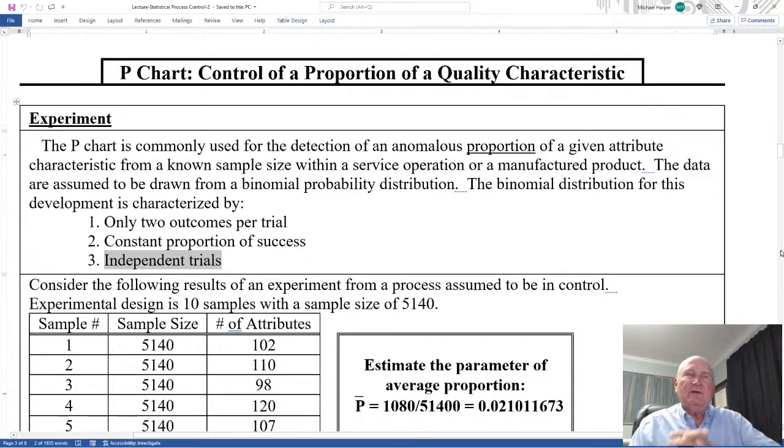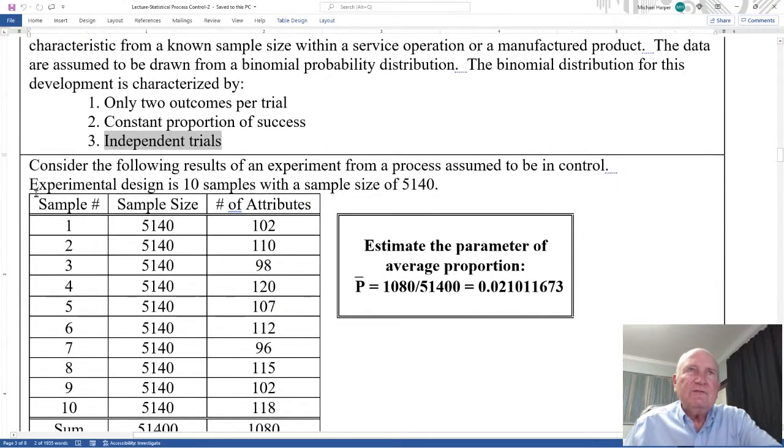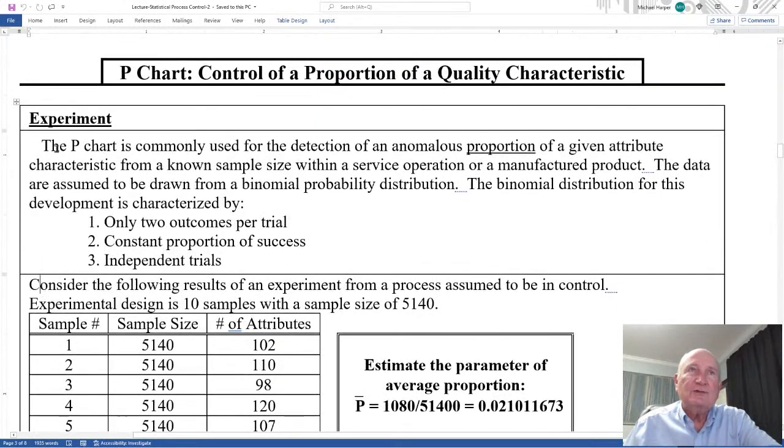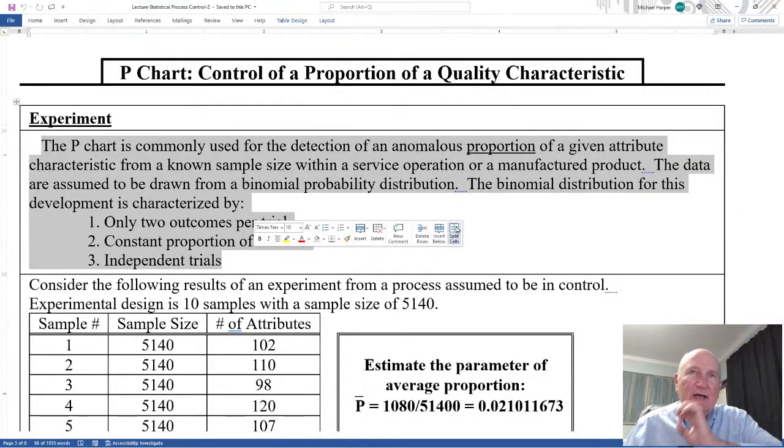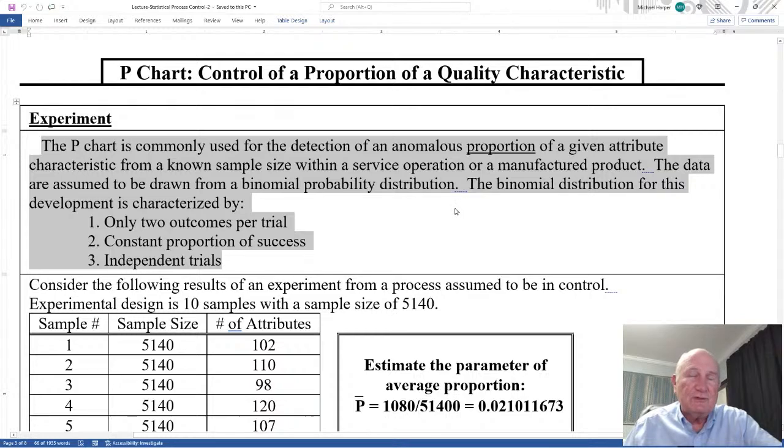They're independent of one another, not dependent. So those are the conditions in order for a P chart based on a binomial probability distribution to be used. If they're satisfied, then we can use the P chart.